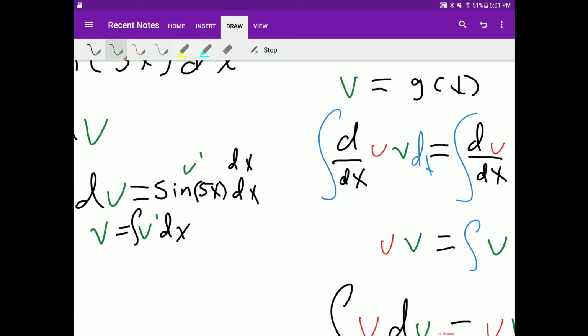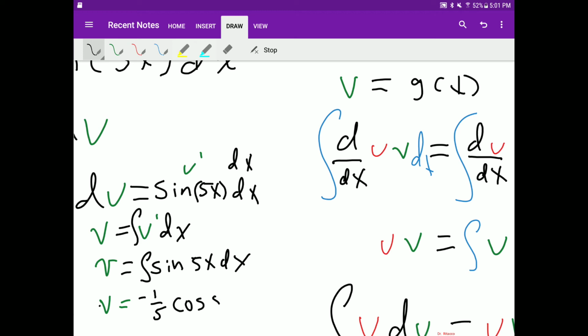So for v, we just need to take the integral of what we'd established as dv, the integral of sine 5x dx. So what we're going to get is that v is equal to negative 1/5 cosine 5x. And that's the function.